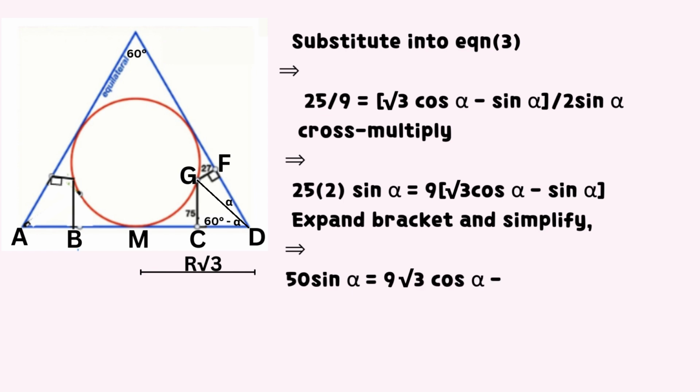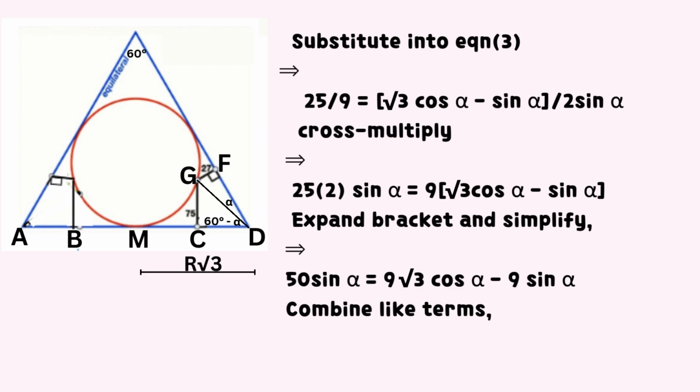Cross multiply. Expand bracket and simplify. We obtained that 50 times sine alpha equals 9 times the product of the square root of 3 and cosine alpha minus 9 times sine alpha.